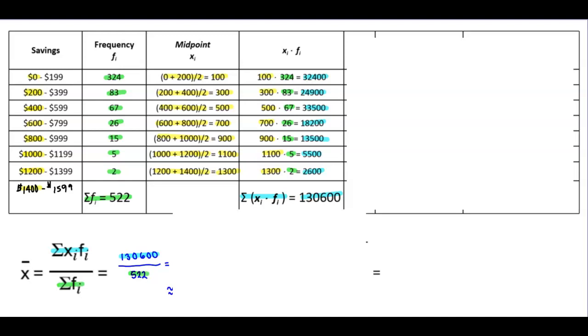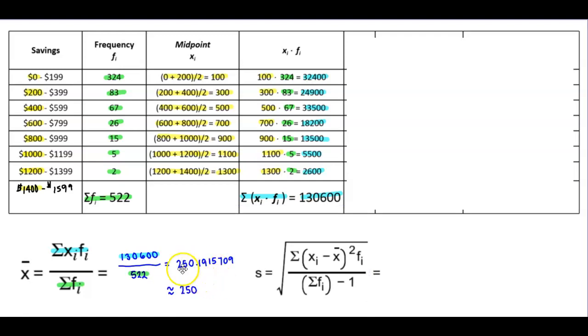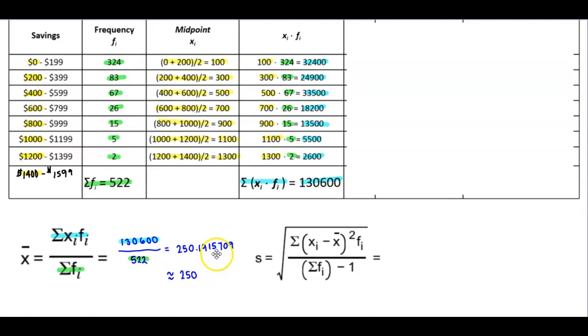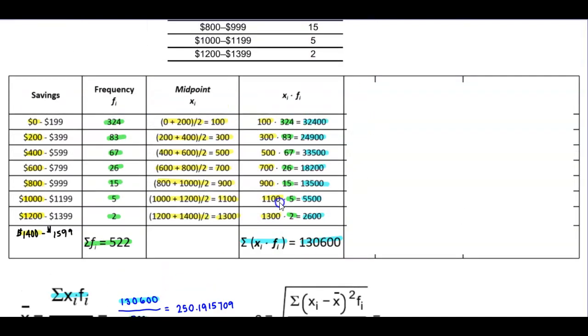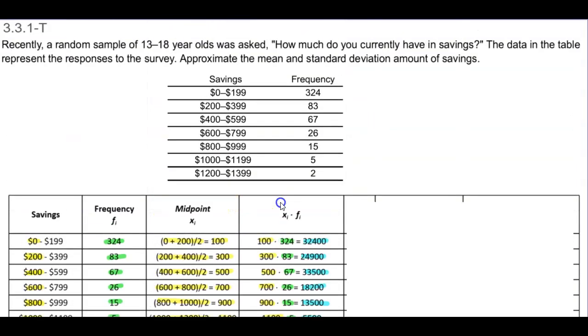When we do that, we get 250.1915709. We round this to the nearest whole number. So the sample mean is equal to 250. Again, we found the sample mean.